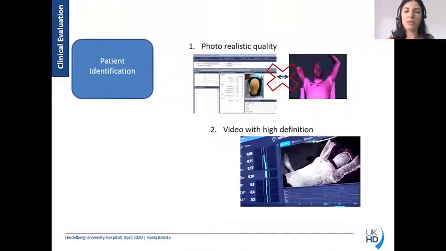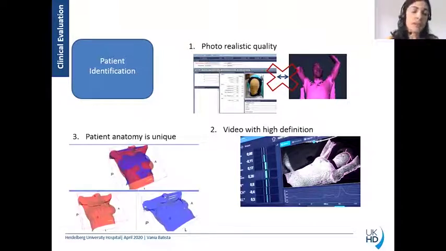Also, because you have this high definition video, you can see quite well the patient's face, in this case of this picture a phantom, not a patient, and compare with the information that you have in Mosaic.